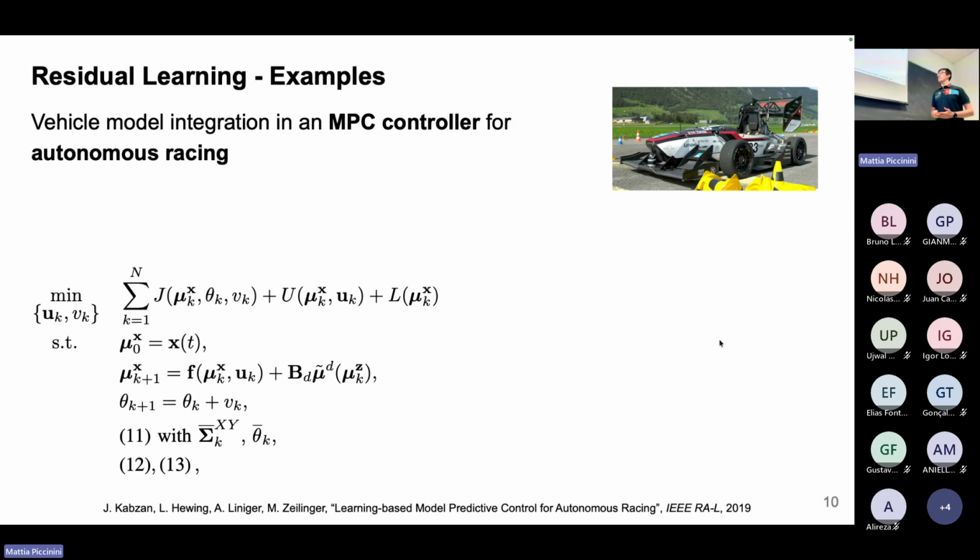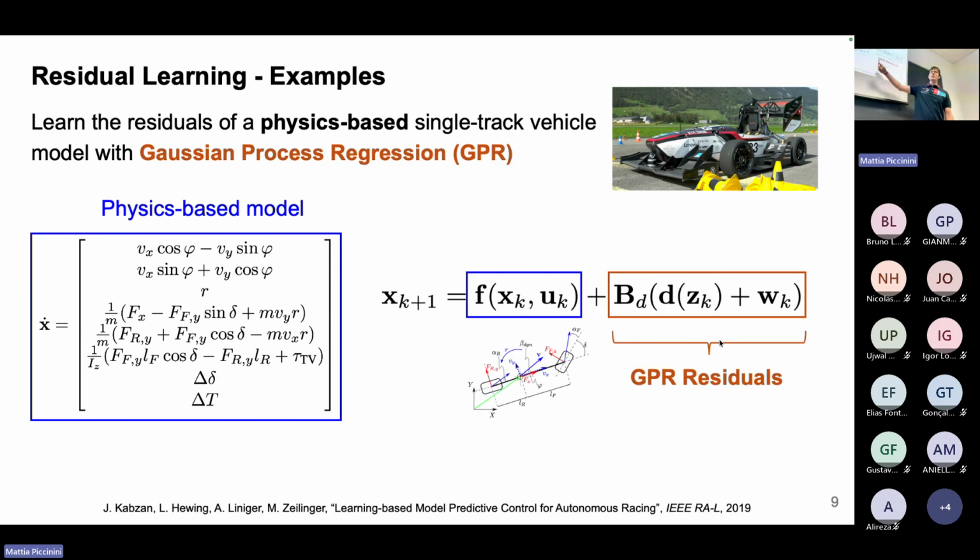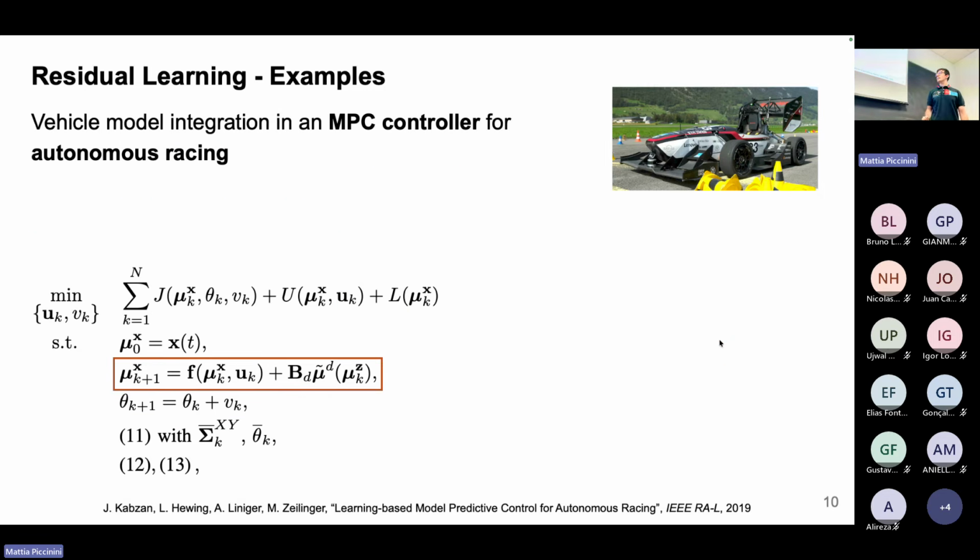And it's powerful. I mean, they used it inside an MPC controller. So they plugged the resulting model, this model here, inside an MPC controller, right? Inside the dynamics, the prediction model of the model predictive controller. And then they had, of course, a cost function, constraints, all the rest.